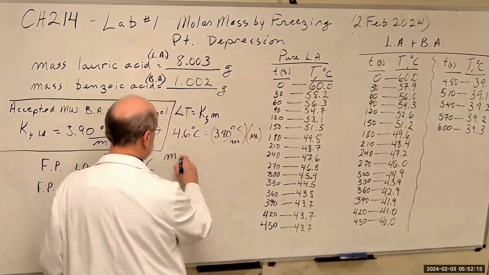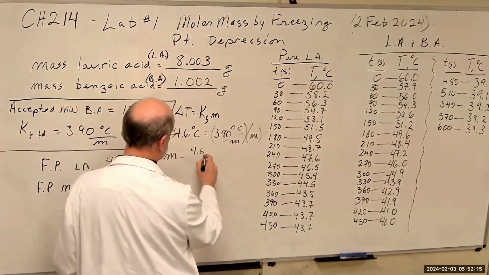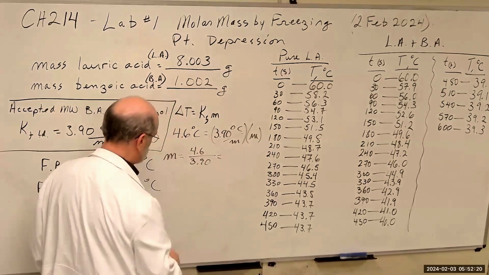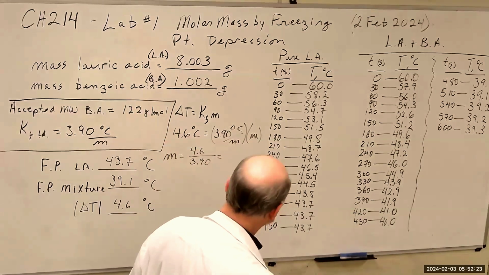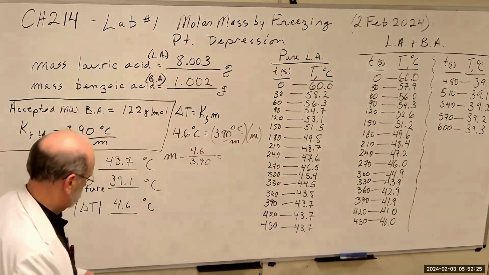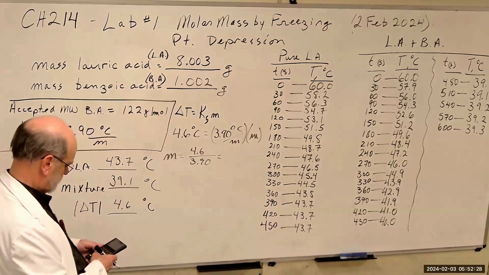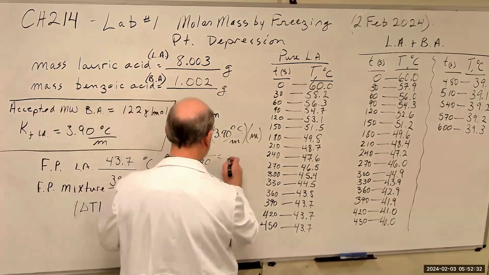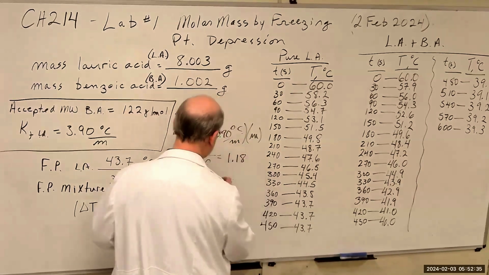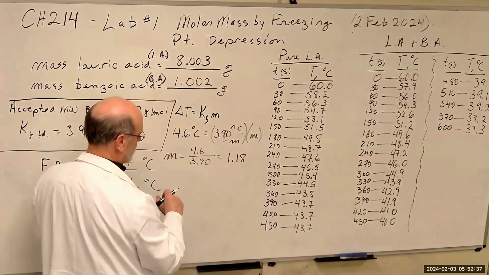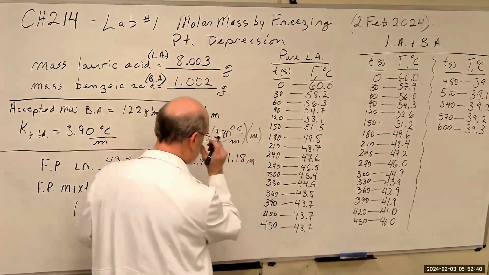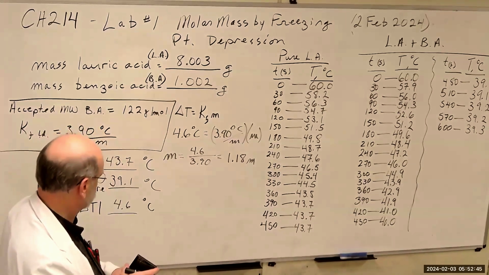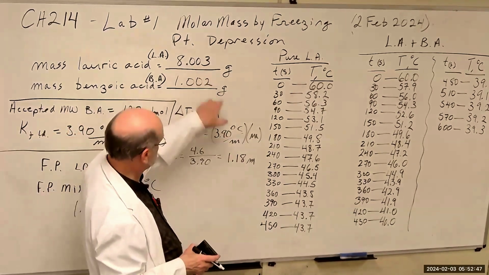So the molality then is going to be 4.6 divided by 3.90, which is 1.18. The only reason I'm keeping an extra decimal is just to avoid rounding errors. That's the molality of our solution here.